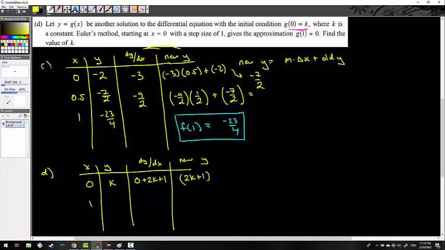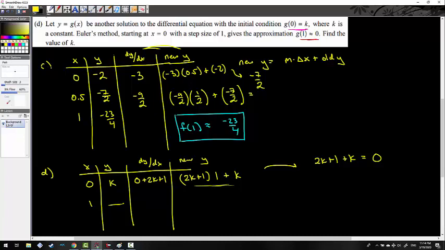That's going to be multiplied by delta x, which is 1. And then plus old y, which is k. Now, why is this new y so important? Well, because that's what goes into here. And I know that the 2k plus 1 plus k will be equal to 0. They told me that in the problem. I know that that's what this is supposed to become.